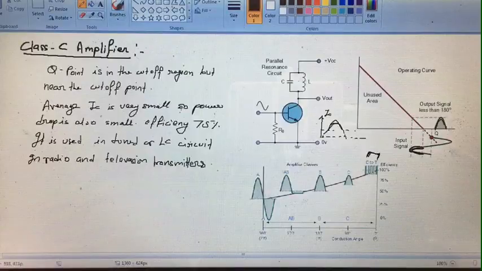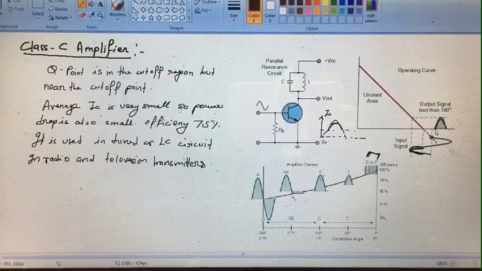That's why it will completely respond for 360 degree. When we consider the class AB amplifier, its efficiency is less than 50%, in between class A and class B amplifier, while its output is greater than 180 degree but less than 360, so we can say nearly 270 degree.